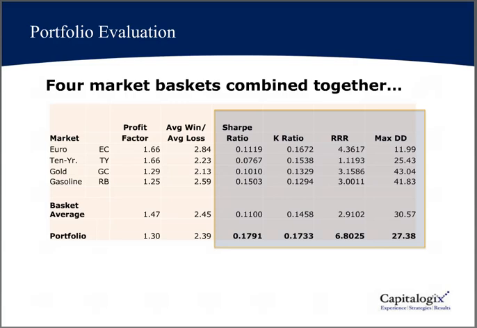It's okay to have two different drawdowns. In fact, gold and gasoline had 43 and 42% drawdowns. And the good thing is that they didn't both occur at the same time, and they offset one another. And when we look at the portfolio, yes, the drawdown is 27%, but the reality is that you're dealing with something that's a better tool. The maximum drawdown did in fact go down. Did I make more money?